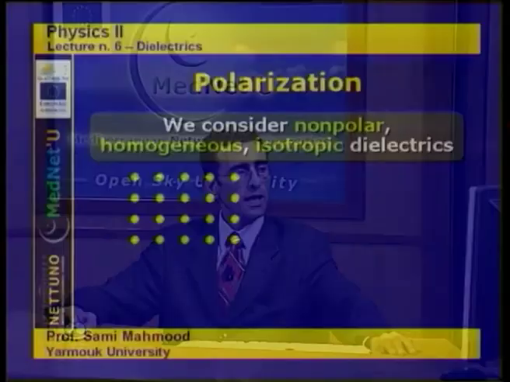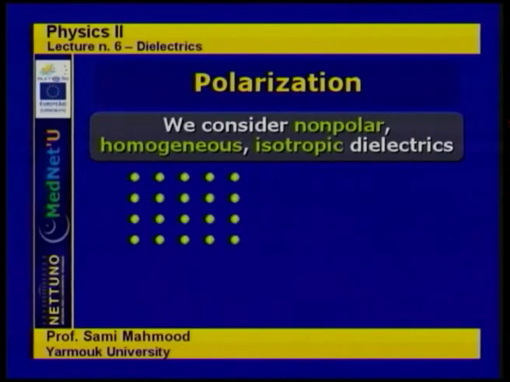Locally, it has the same density, and isotropic, that is, the properties do not depend on the direction and locality. In this case, the dielectric molecules are designated by spheres with nonpolar structure. So there is no shifting in the charges, and the total charge is 0.